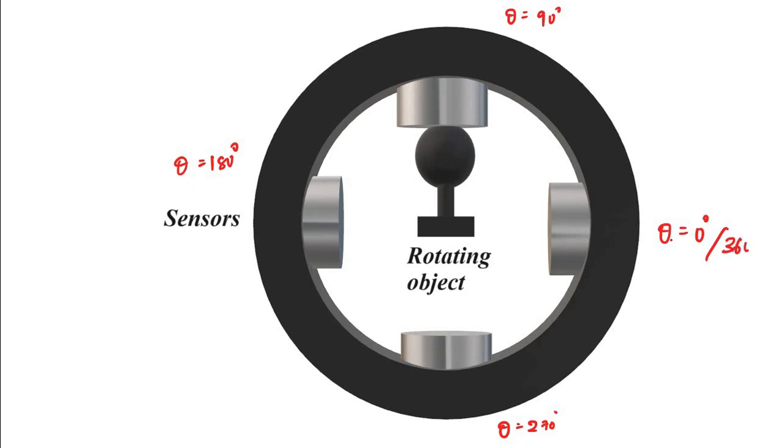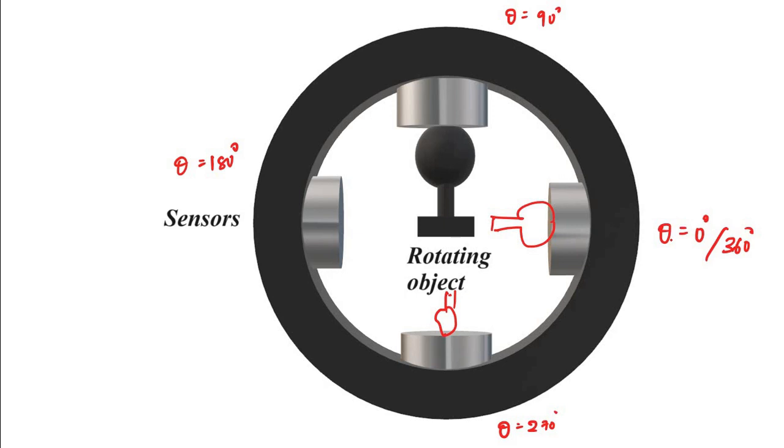As this thing rotates, first it is at this position and it strikes, so the object is at 0 degree. Then as it strikes here, the object is at 270 degree position, then at 180 degree, and again at 90 degree.